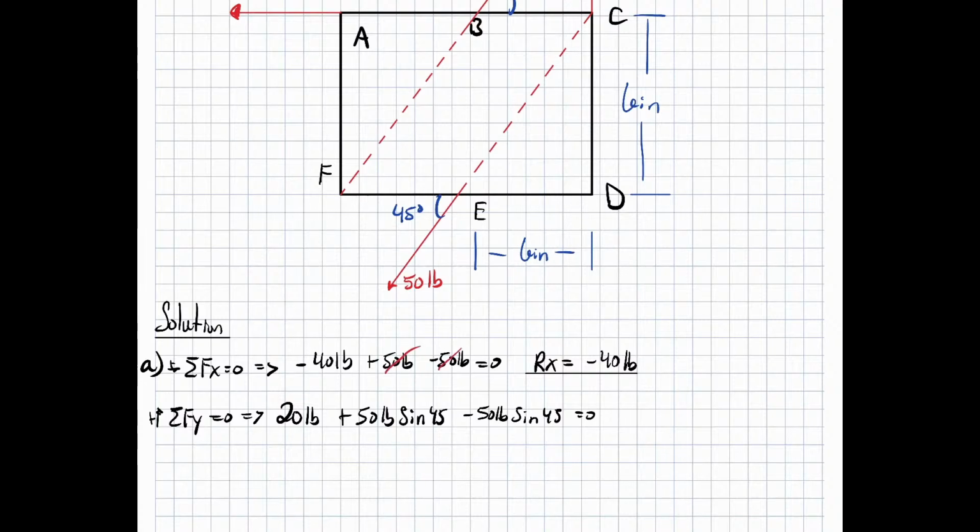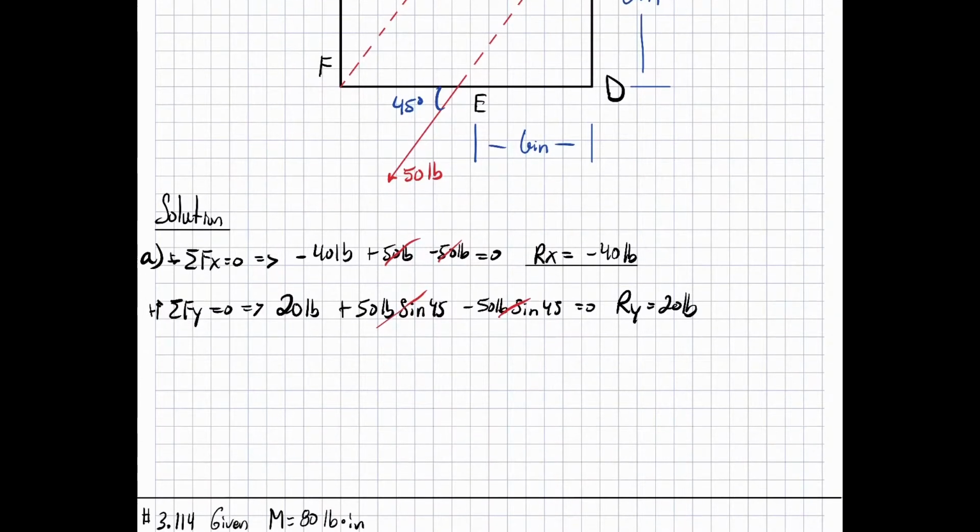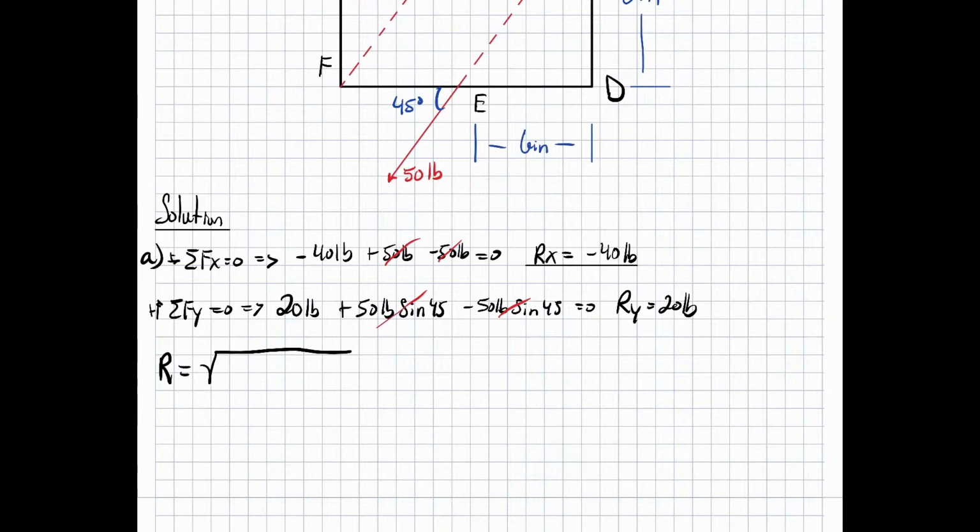Just like how those reduced, these reduce, we get Ry to be 20 pounds. Okay, now we need to find our resultant. Our resultant is going to be the square root of the sum of Rx squared and Ry squared.